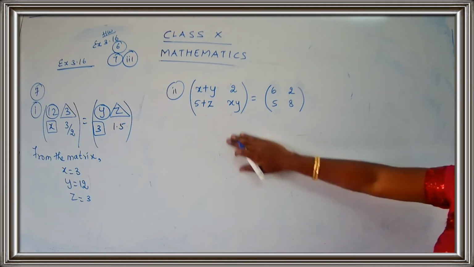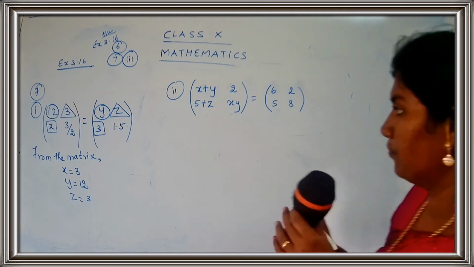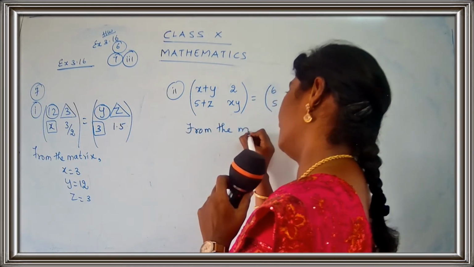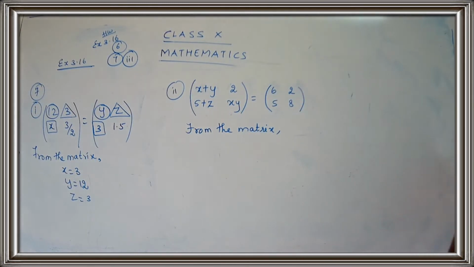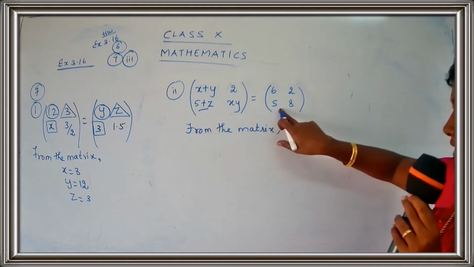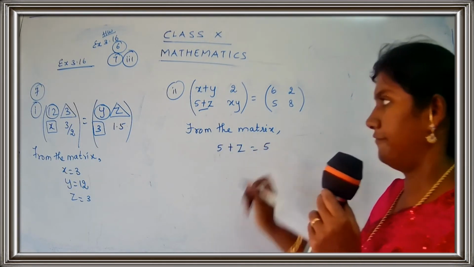Are you ready with the question children? Just get ready, we'll be doing the sums. Shall we start with the answer children? Okay. Write down here, from the matrix, I'm going to write down this part. So what is the corresponding element for 5 plus z? It's 5. 5 plus z is equal to 5.